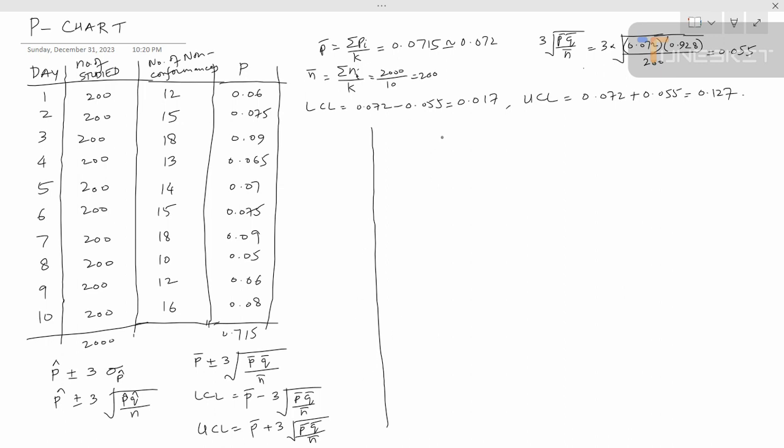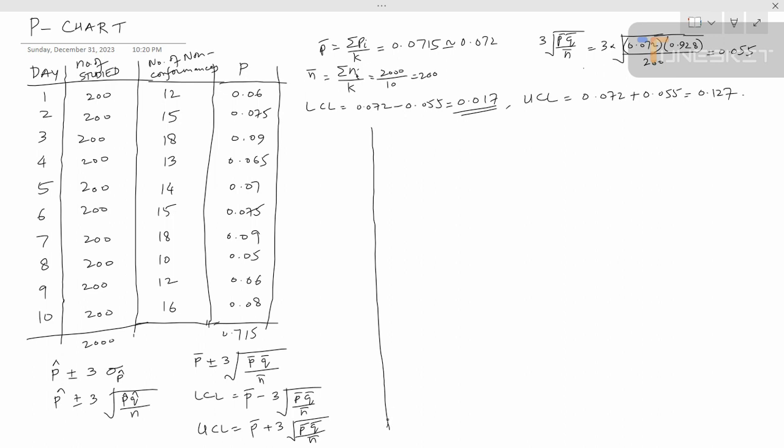We have to scale the vertical axis according to the limits within which we are supposed to draw the control chart, either the limits or the minimum and maximum values provided in the data. The minimum value is 0.0605. The lower limit is 0.017, so we start our scale at 0.01 and go up to 0.13.